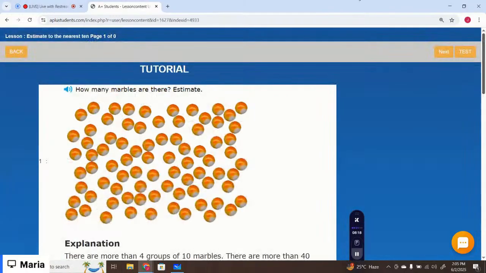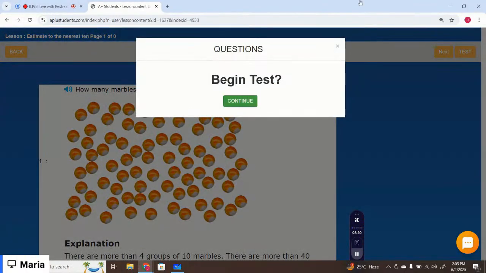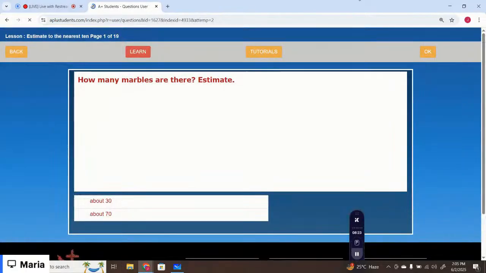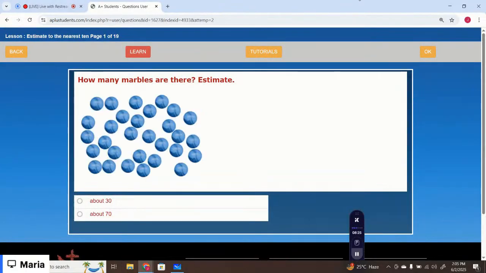Let's just start with the test questions. How many marbles are there? Estimate. Now you are given two options, right? About 30 and about 70. So what do you think? Are they about 30 or about 70?